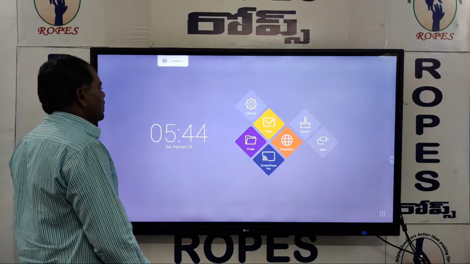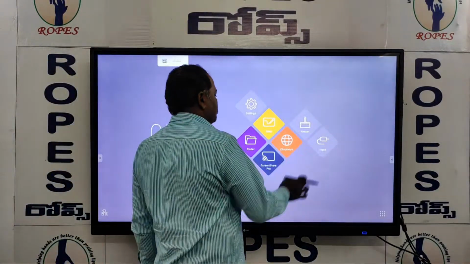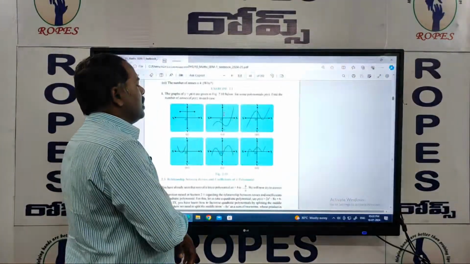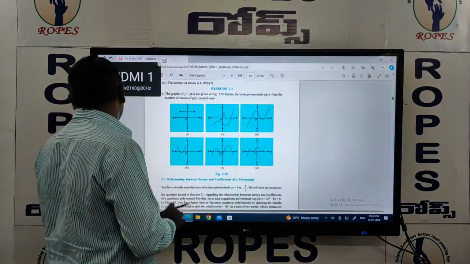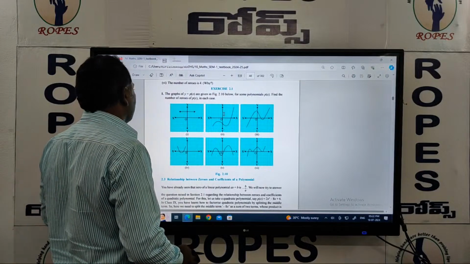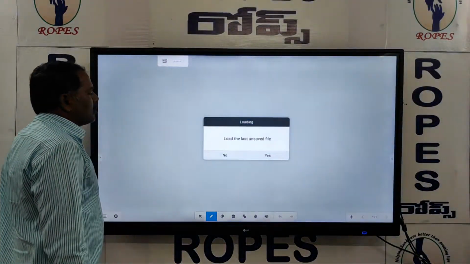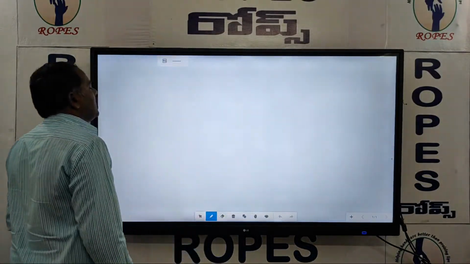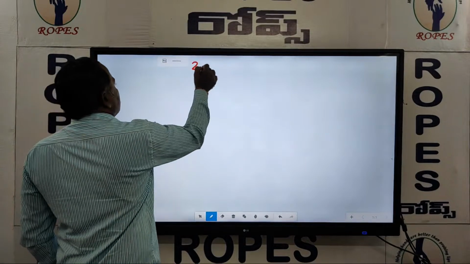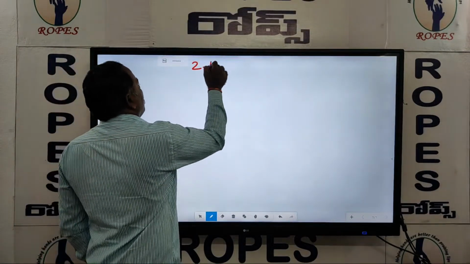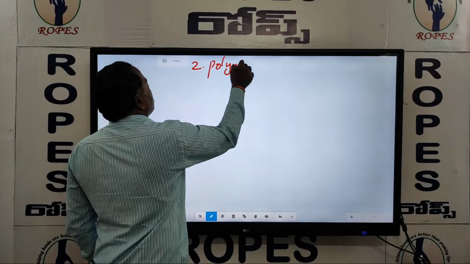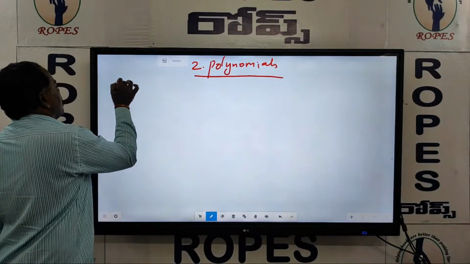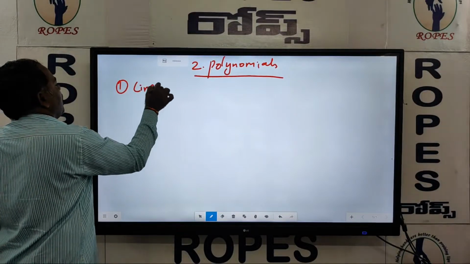In the second chapter, polynomials, first is the linear polynomial.